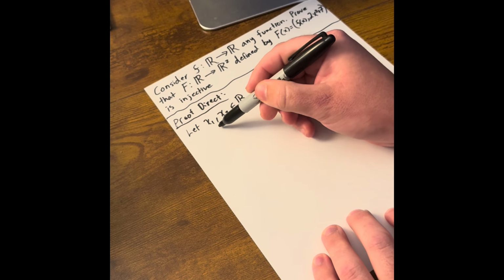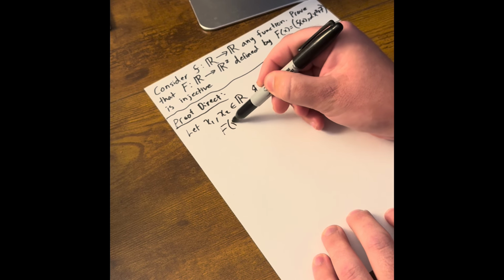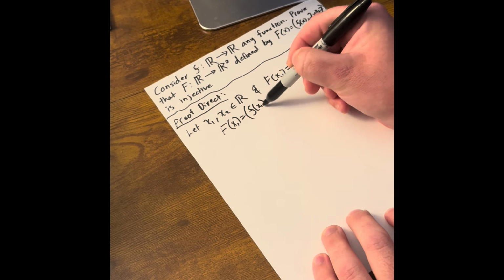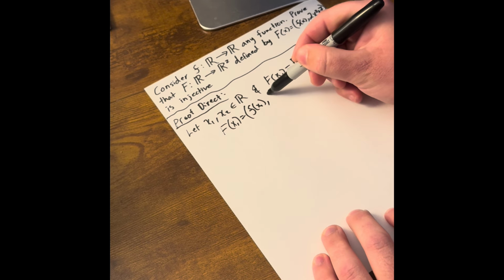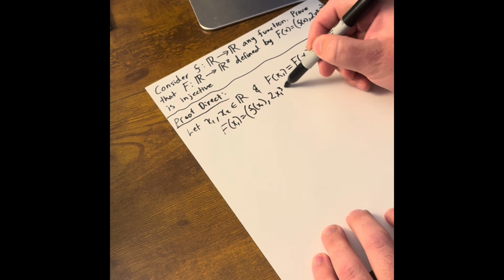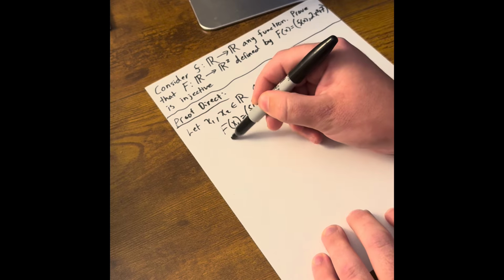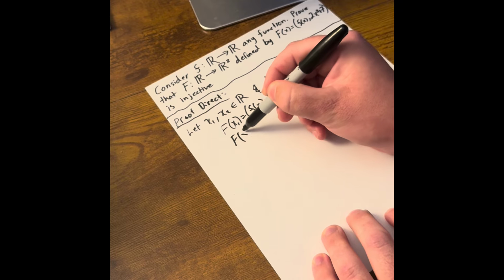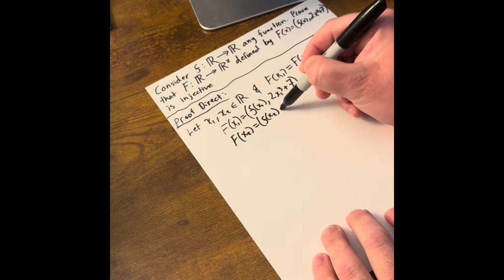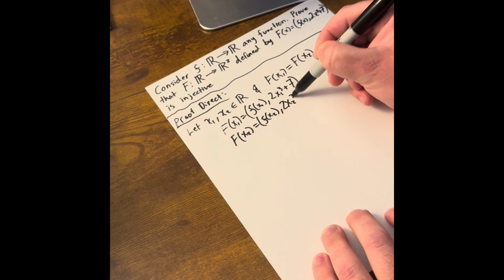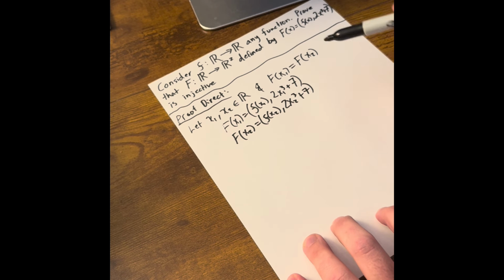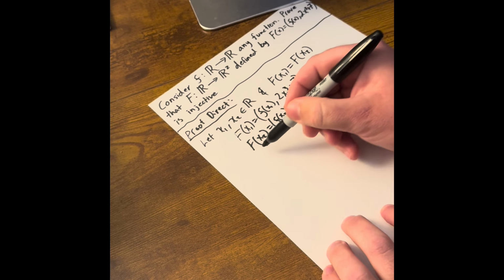So this means that we get big F of x1 is equal to f of x1, comma, 2x1 cubed plus 7, and big F of x2 is equal to f of x2, comma, 2x2 cubed plus 7.